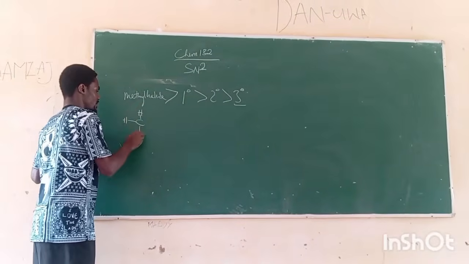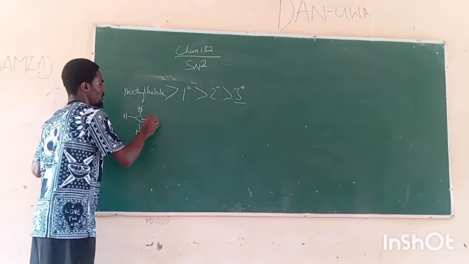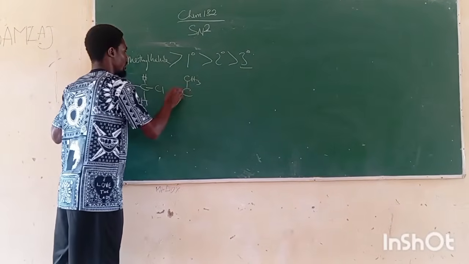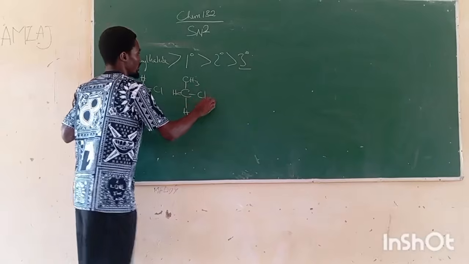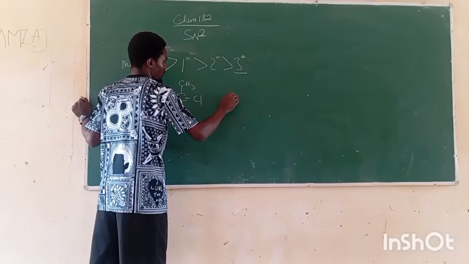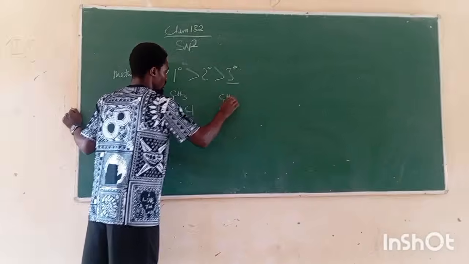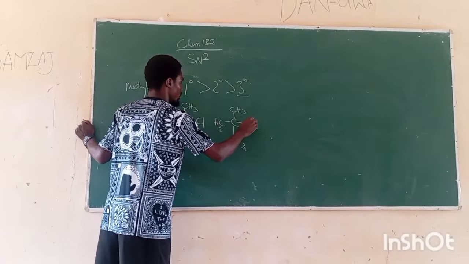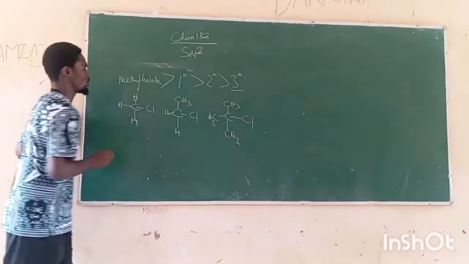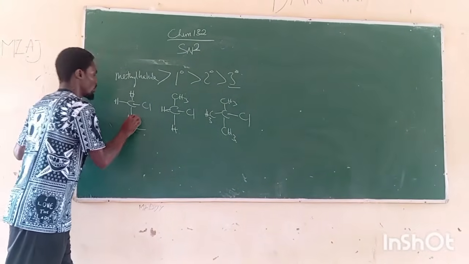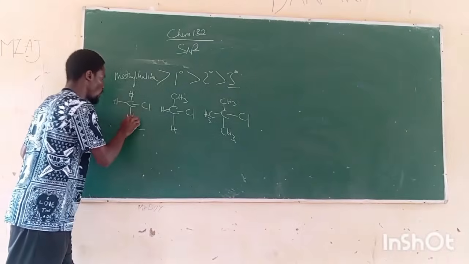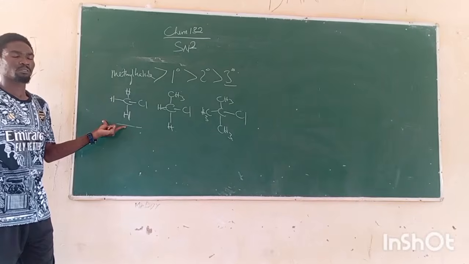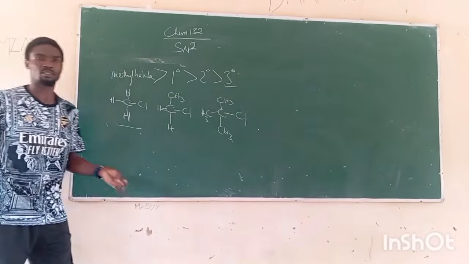When we have this, for example, and this, and let me take this for the tertiary one, this will already undergo SN2 reaction, and this will not. Now, why is it so?